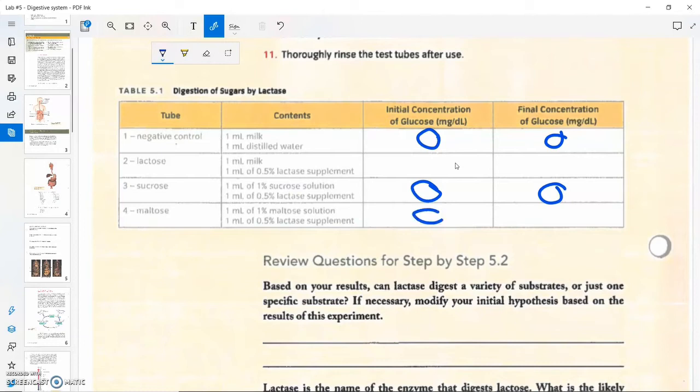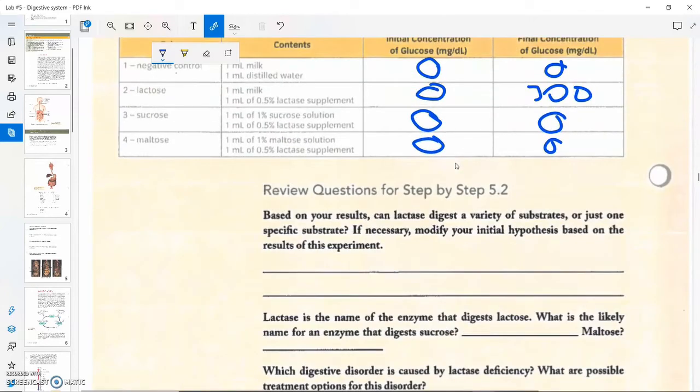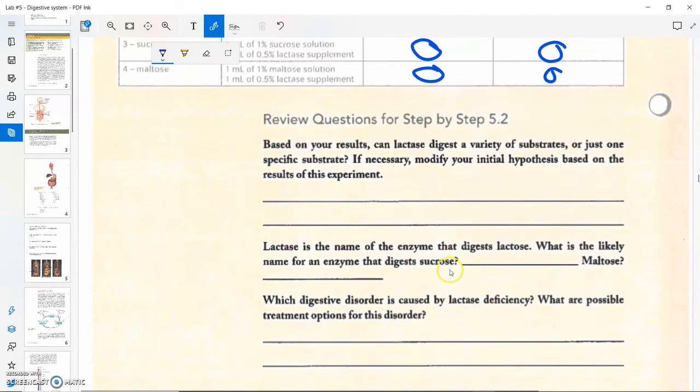And in experiment 4, it will be 0 and 0, while when we add lactase to milk sugar, the substrate that lactase is specific for, we're going to have, as a final concentration, let's say 300. Okay? So, of course, it's not a result, but you get the gist.